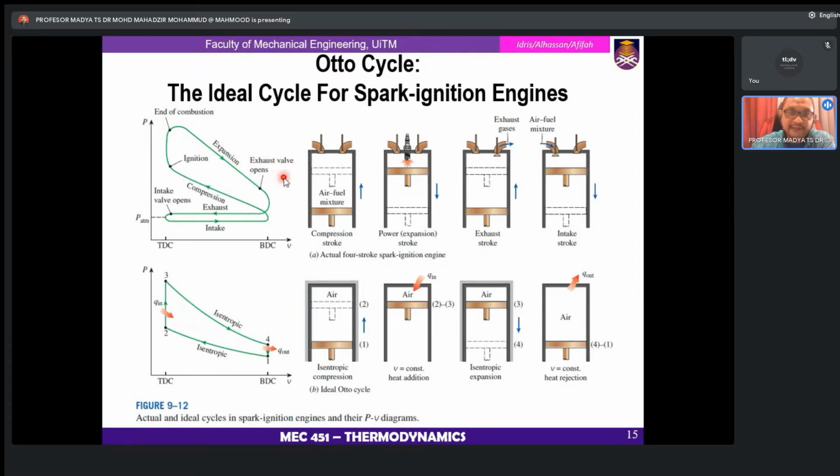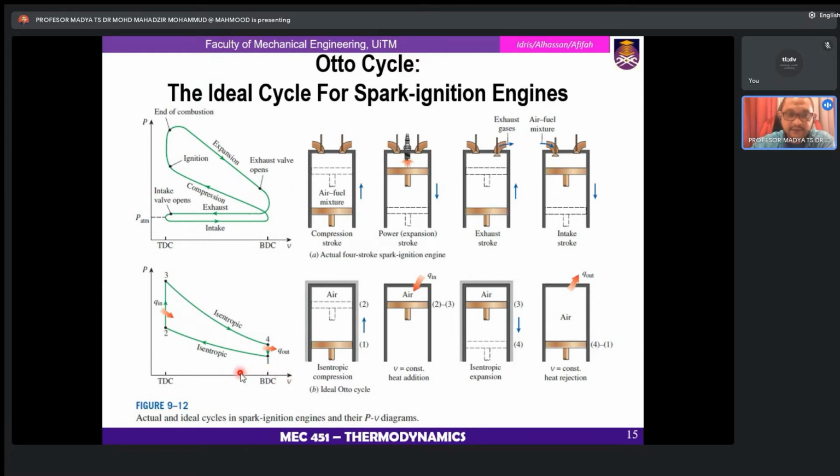But when you want to analyze and make calculations, you have to assume or consider the ideal process. So based on the ideal process, the PV diagram will come out like this.